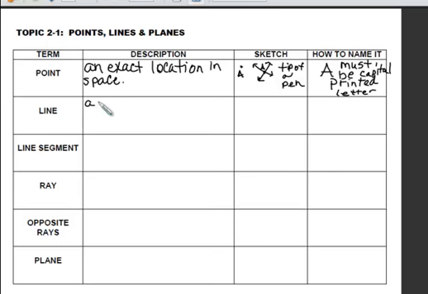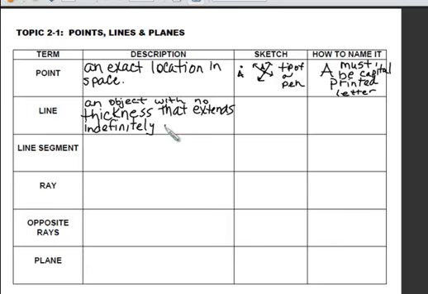Let's write it out in a representation: an object with no thickness that extends indefinitely in two directions.